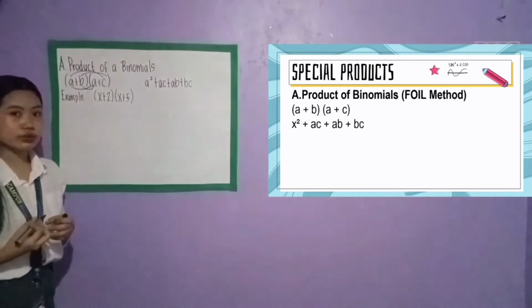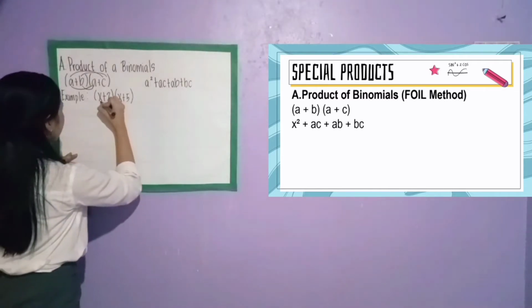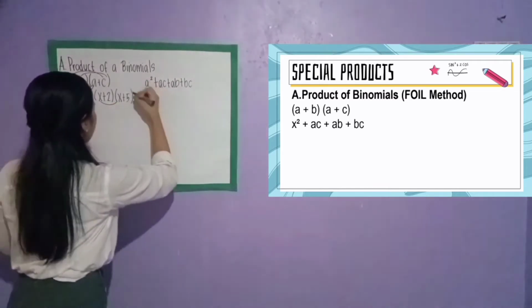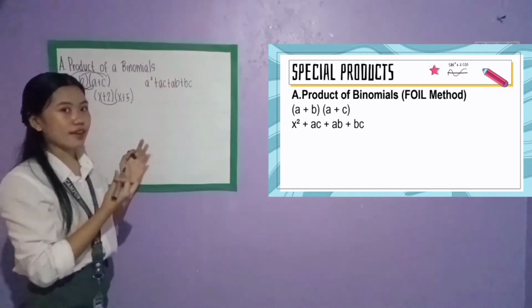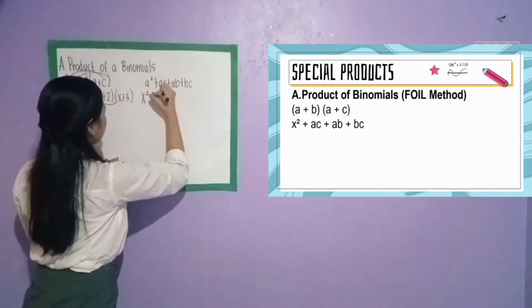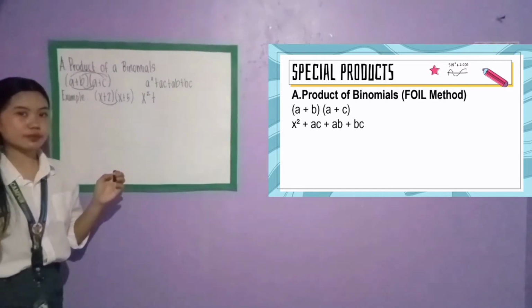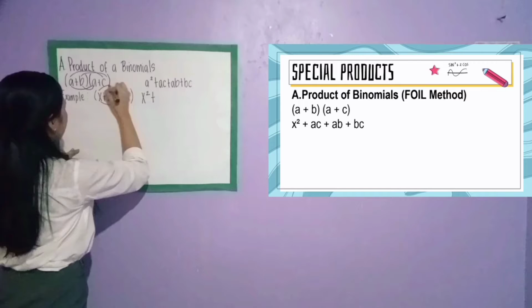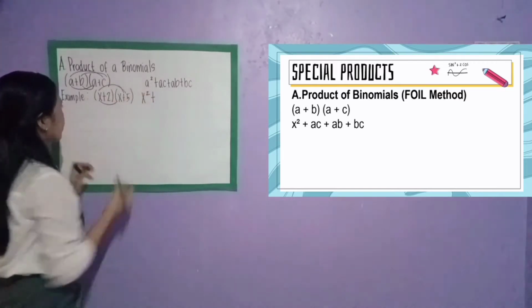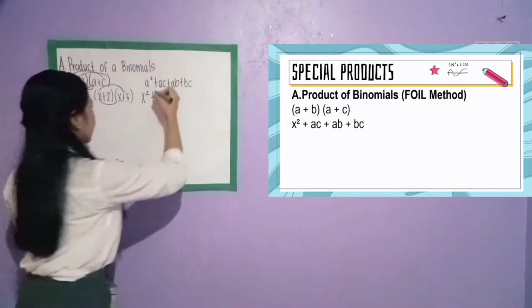First, we are going to get the first term. So, x times x is equal to x squared. Yeah, correct. The next one is the outer term. X times 5 is equal to 5x.